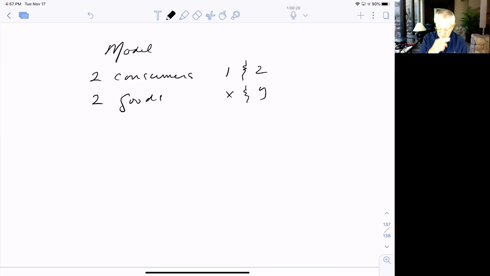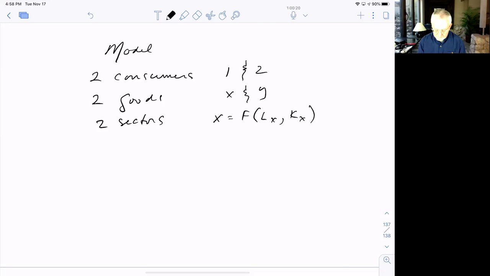And these goods are going to be produced by two firms or two sectors, however we want to think about it. The sector producing X does so with this production technology. It employs labor and capital. And the sector that produces Y does so with this production technology that employs labor and capital.